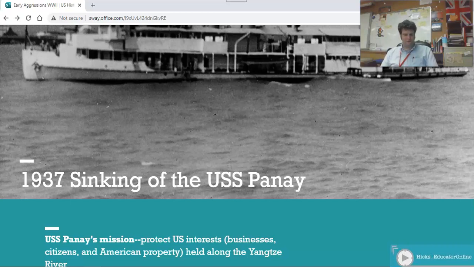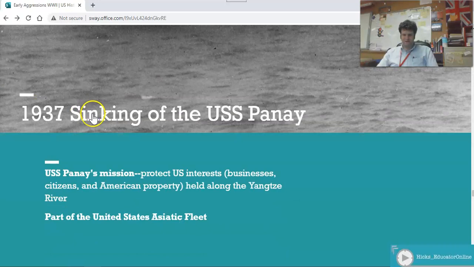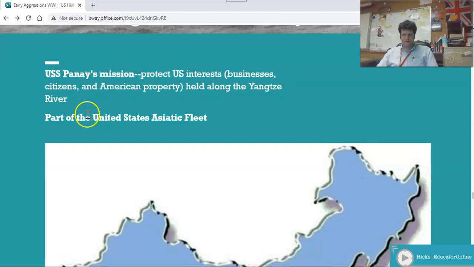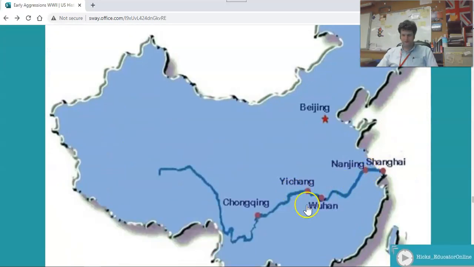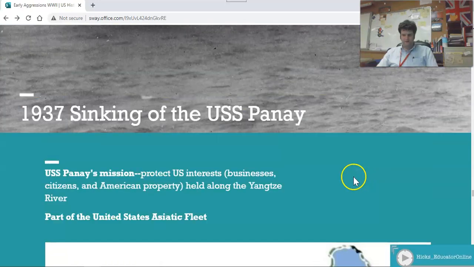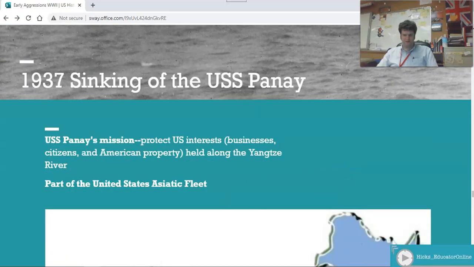Essentially, the USS Panay was a gunboat on the Yangtze River. The Yangtze River is, of course, located right here. And essentially, the mission of the USS Panay was to protect American interests and American civilians operating in China. It happened that the Japanese were attacking Chinese forces in that area.